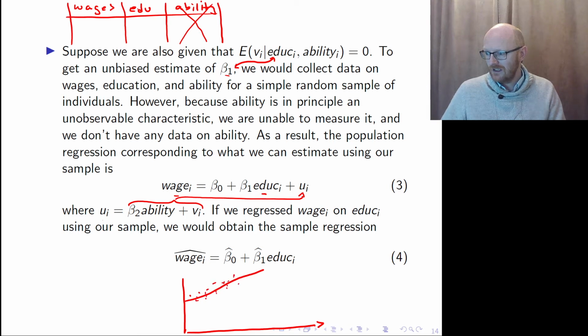It's going through the data, and this slope is the beta 1 hat. It's biased, but so might the beta naught hat be, the intercept, depending on the data and the model.